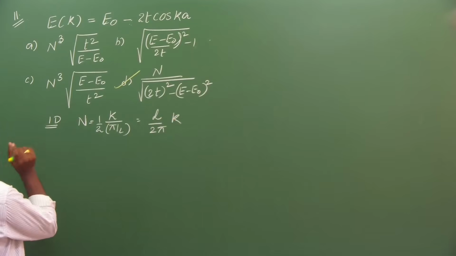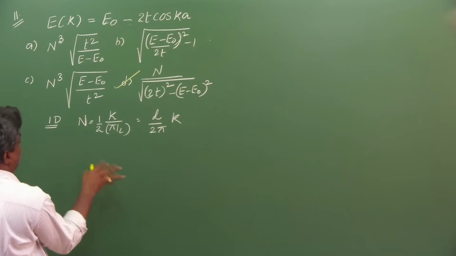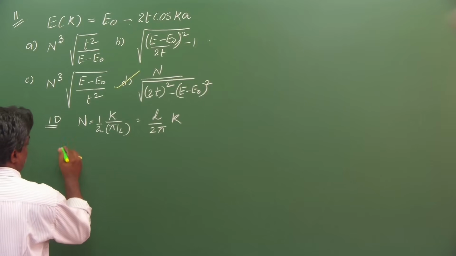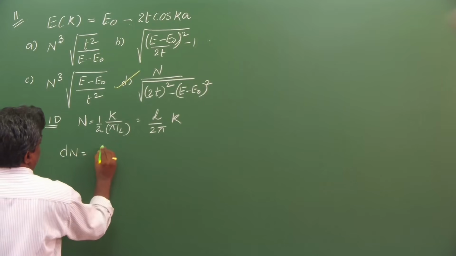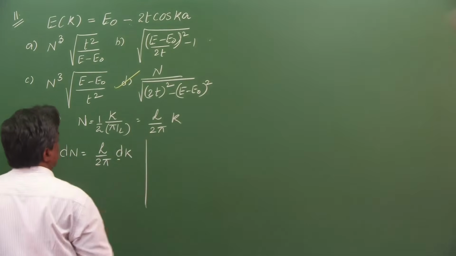Never be afraid of the question by seeing that. Whatever you know is applied, your sir already explained all the derivations. Any problem framed must be in the derivations only. dn equal to L by 2 pi into dk. So we want to get dk.